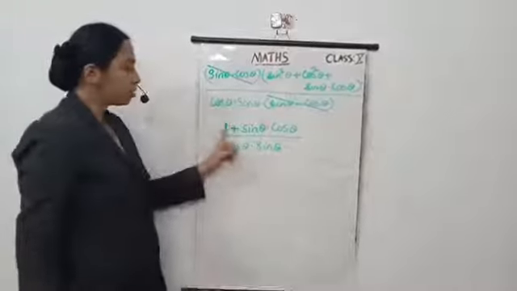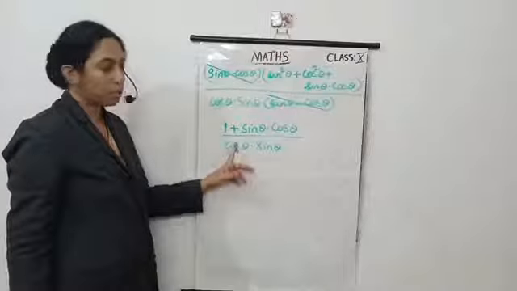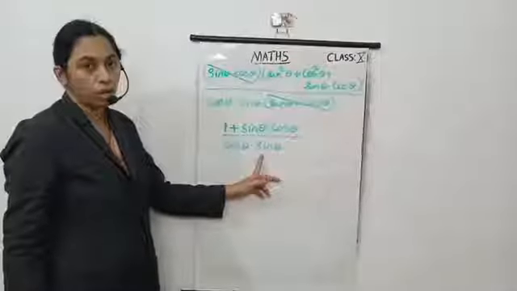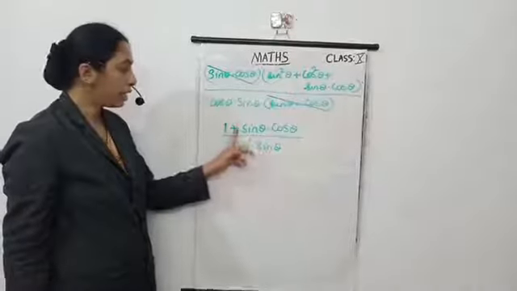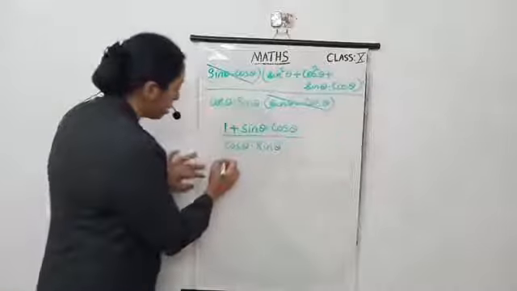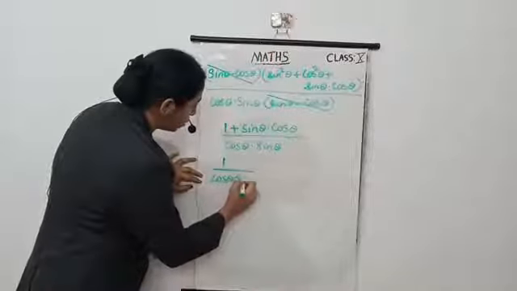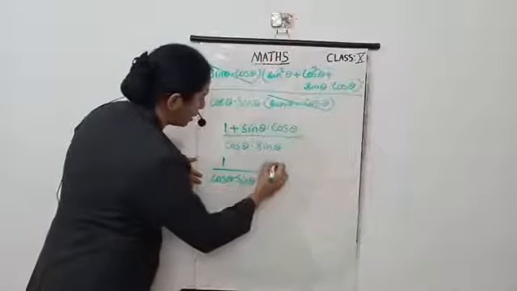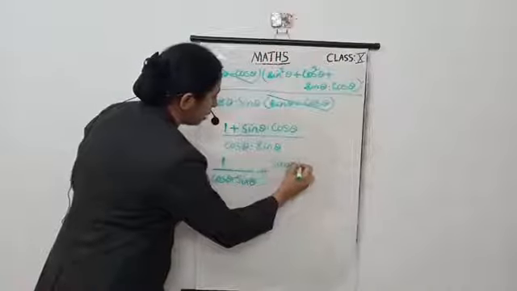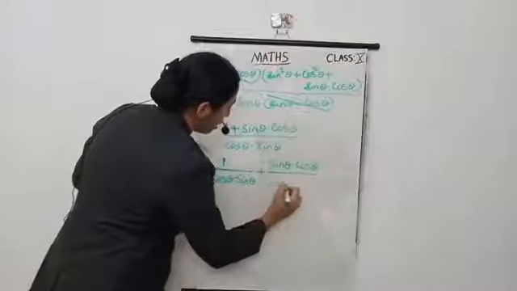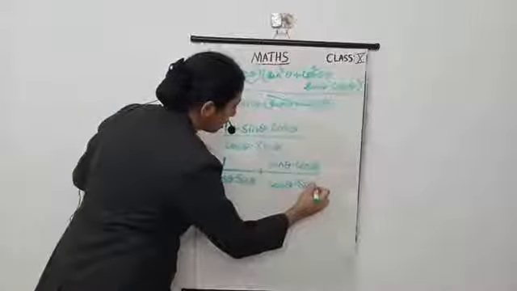Okay. Now split this. This is 1 plus sin theta into cos theta by cos theta into sin theta. Now split this numerator. So this is like 1 by cos theta into sin theta plus sin theta into cos theta by cos theta into sin theta.